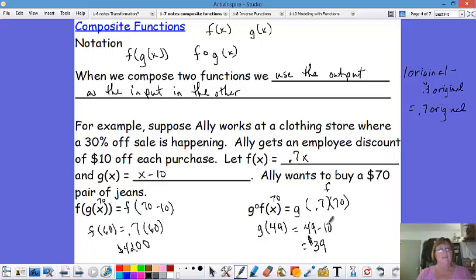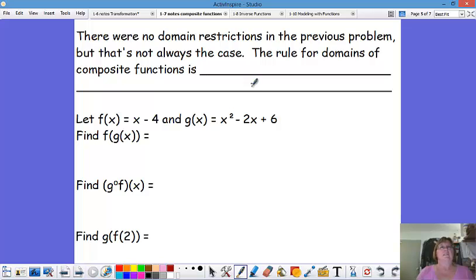Allison's best bet would be to do the 70% discount first, because you're taking 70% of a bigger number, and then take $10 off of that. So we compose those two functions by finding the output of one and using it as the input into another. Let's take a look at that a little bit more closely.